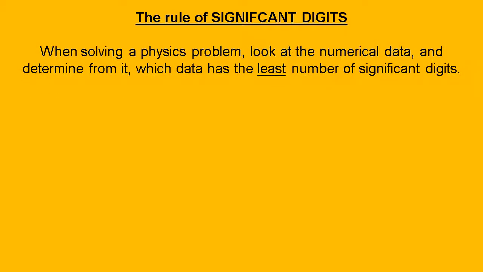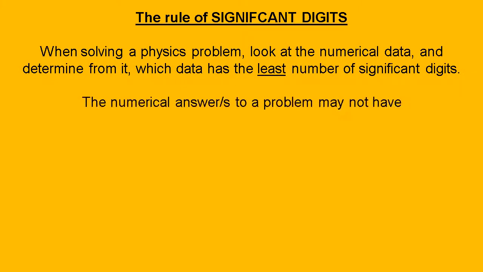All right, so the rule of significant digits in physics, a very important rule of how you form your answers. When solving a physics problem, look at the numerical data and determine from it which data has the least number of significant digits.